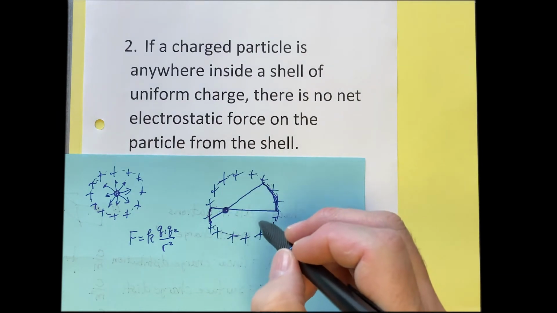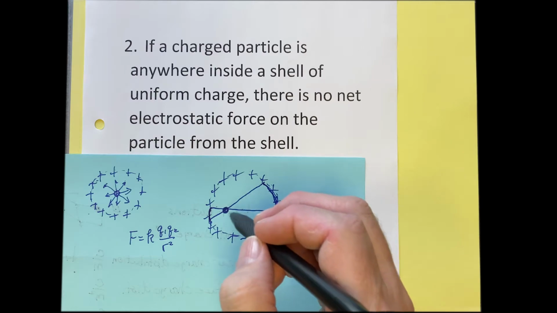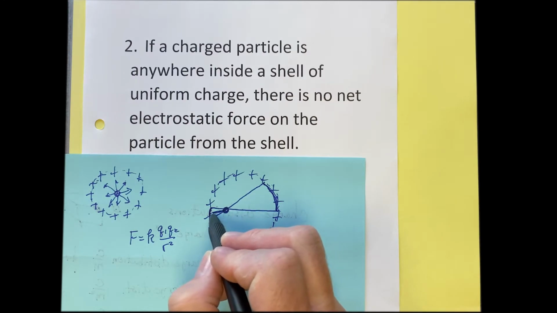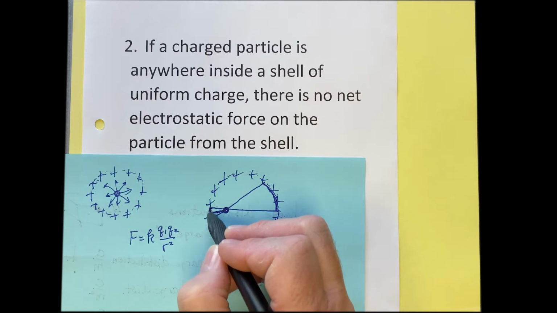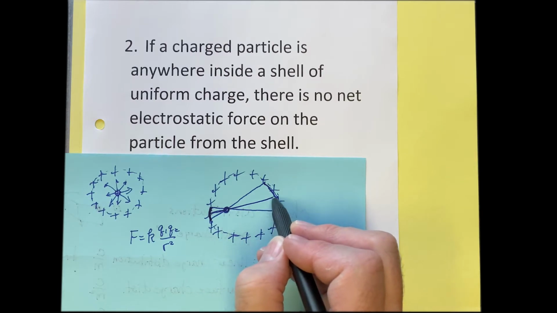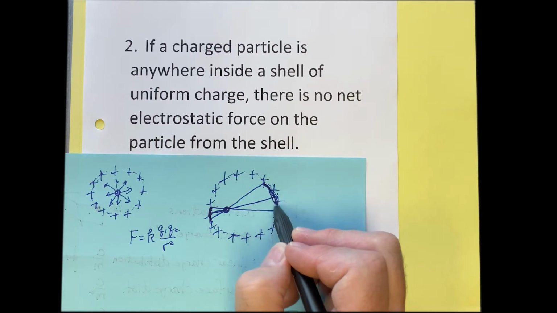You could do it that way, but notice what's happening here. The distance from here to here is related to how big this area is. And the distance from here to here is related to how big this area is.